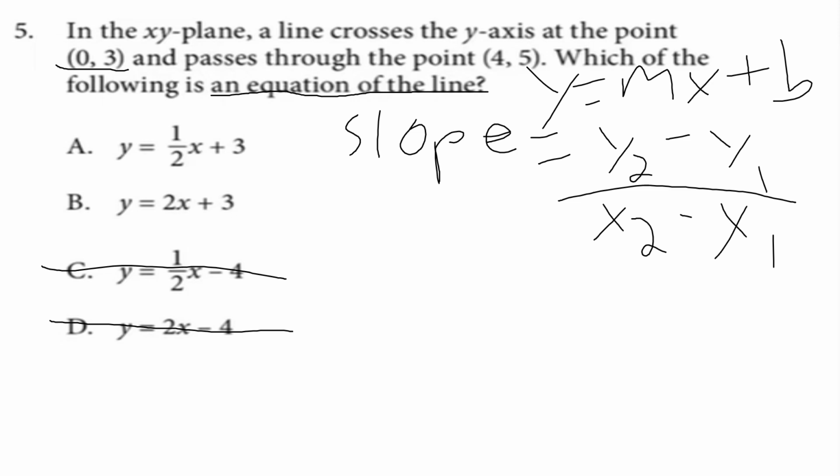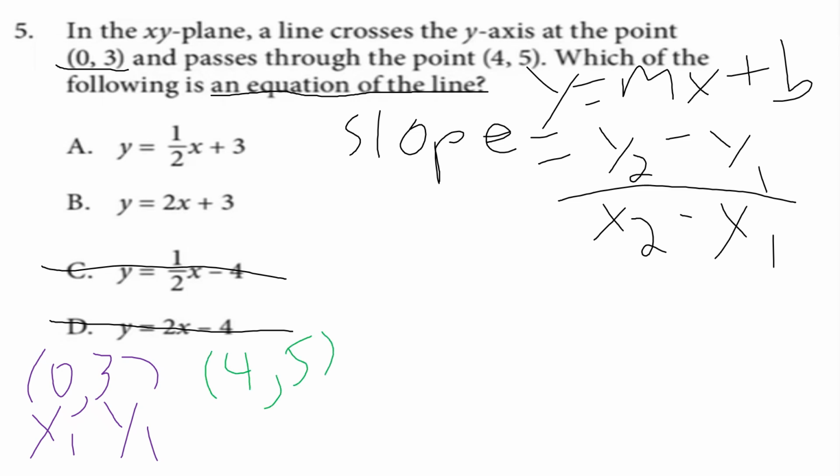So I'll just put 0, 3. So that's x1, and the 3 is y1. And then we're going to have 4, 5. That's going to be x2, and that's going to be y2.